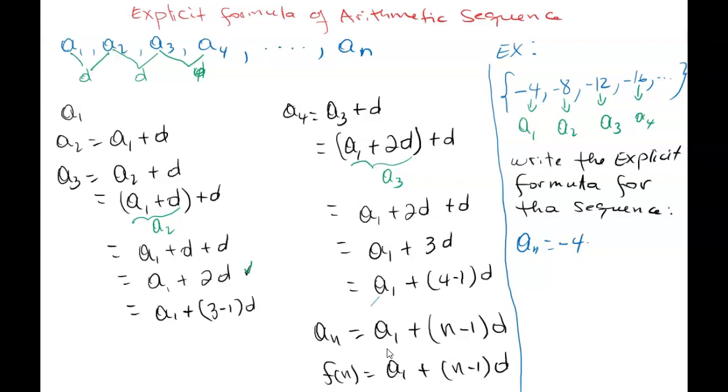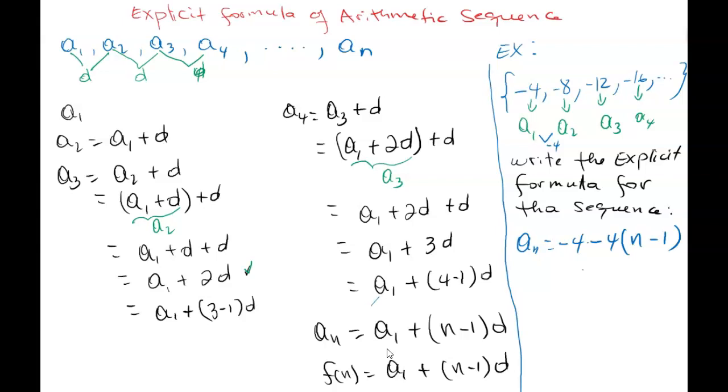So the common difference is, from -4 to -8, you add -4 to -4 to get -8. So we get -4 for the common difference. So a sub n equals -4 minus 4 times n minus 1.